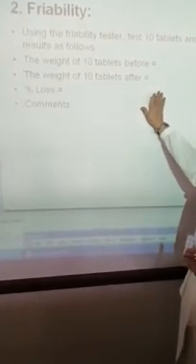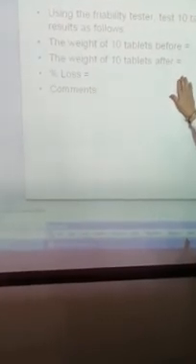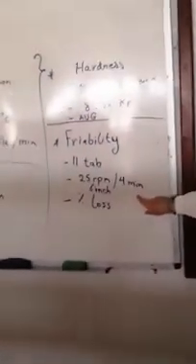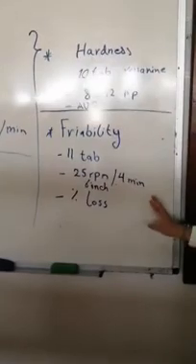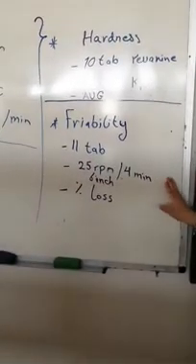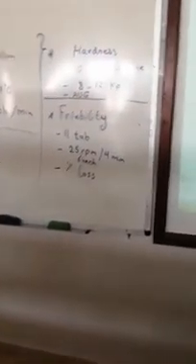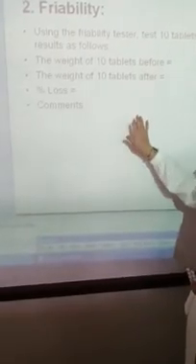Then put the 11 tablets in the friabilator for 4 minutes, 25 rounds per minute, and that will be completely 100 rounds. Then we take these tablets and brush them to get rid of dust, and reweigh them again, and we have to calculate the percentage loss.